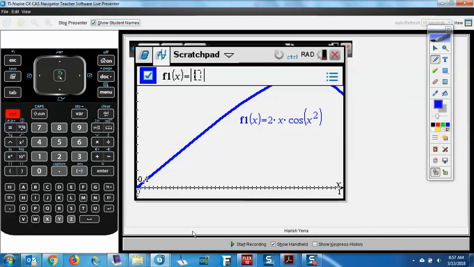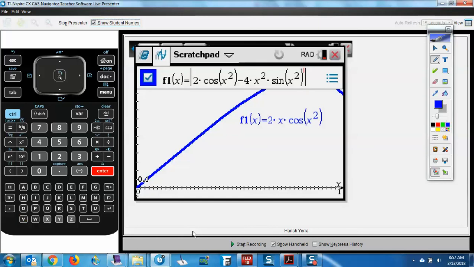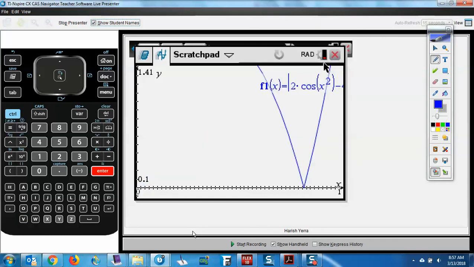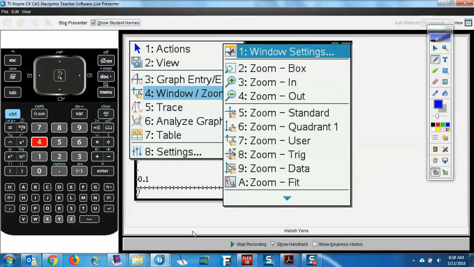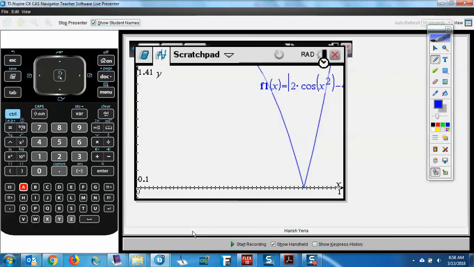And then paste with Control V. So you can see how it flipped it up. Then you don't have to worry about the positive and negative part of it. It's totally up to you. Let's do a zoom fit on that. We still have our window set from 0 to 1, so we can do a zoom fit.